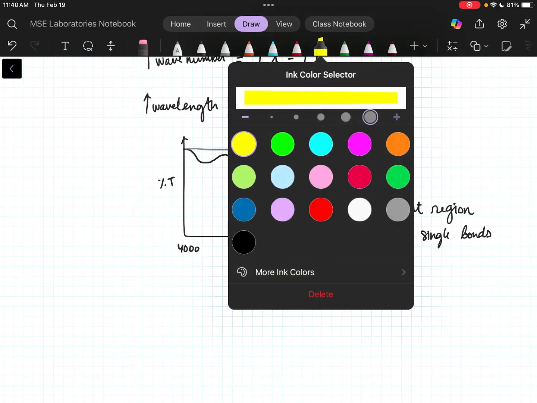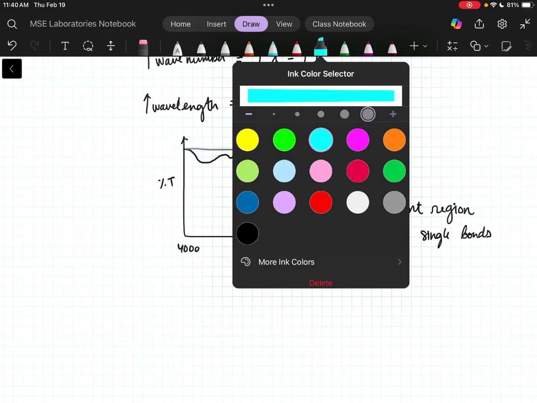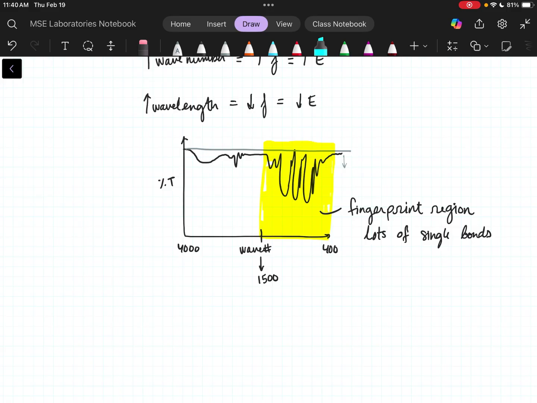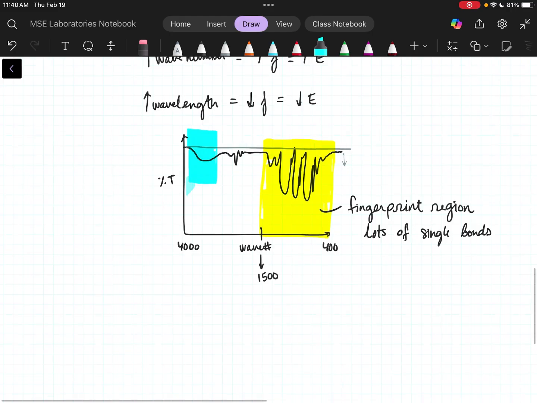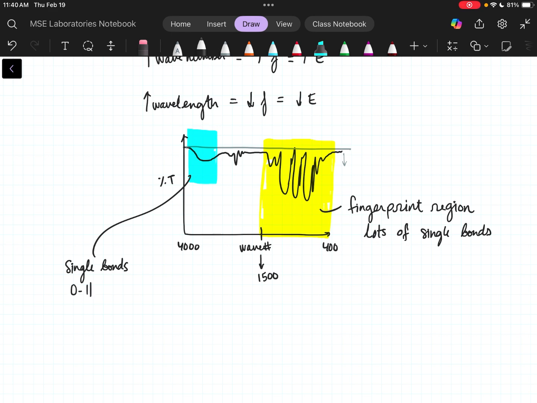I am going to move this a little bit more center though, because there are more things to draw. On the right-hand side of the graph, I'm going to get some single bonding stuff. So let's grab blue.